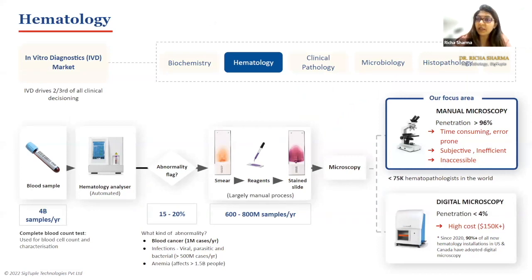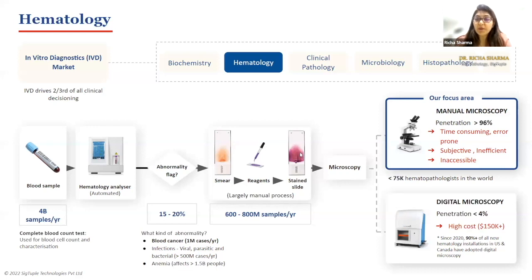On a rough estimate, around 4 billion samples per year are screened in laboratories globally, and most of them are analyzed in hematology analyzers. On average, 15 to 20% in any kind of clinical laboratory flag abnormality and require a microscopic review.